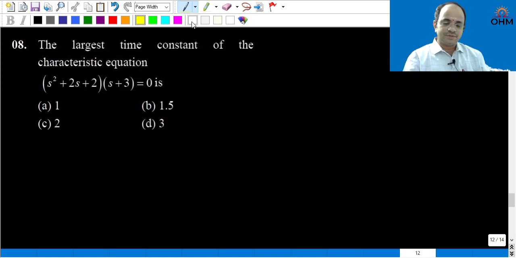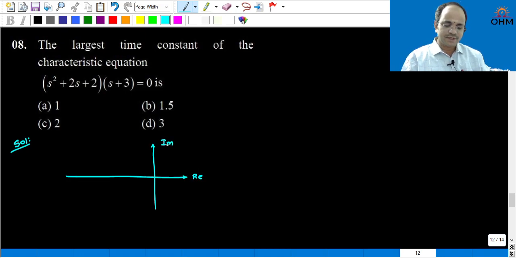Next, 8th question. The largest time constant of the characteristic equation. So, if you draw the poles, there is no zero here. If you simply draw the pole locations from the given characteristic equation, you will find that one complex pole is located at -1 plus j1, another complex pole is located at -1 minus j1.